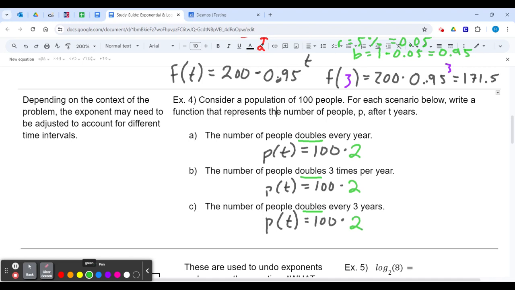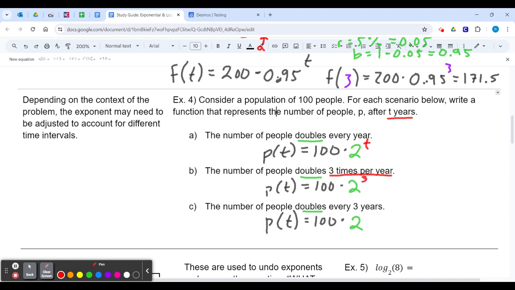Now the wording on each of these is going to determine what that exponent is going to be. So t is in years. And so if we're doubling every year, then it's pretty straightforward. We just raise it to the t power. However, if we're doubling 3 times per year, then we need to multiply that t by 3.